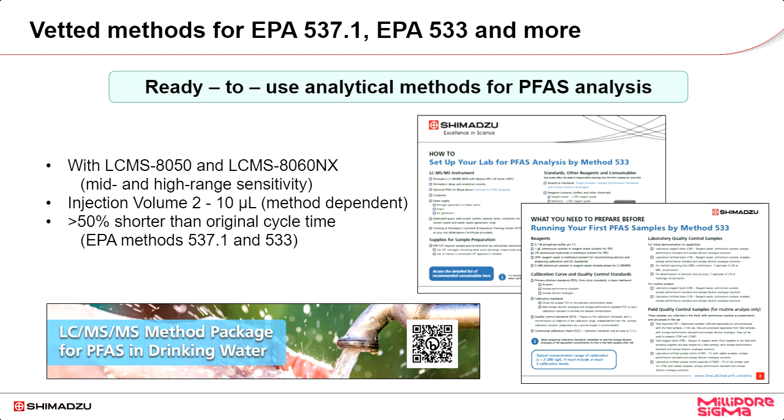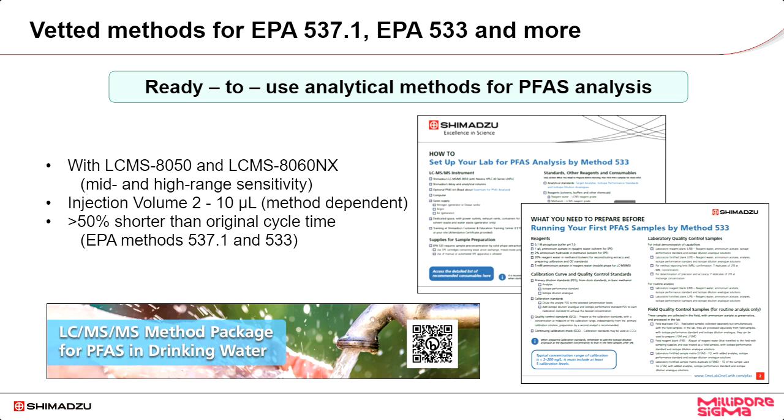In the next slide, I'm going to share the work that Shimadzu has been doing on PFAS testing for decades in collaboration with customers and other partners like Millipore Sigma. The outcome of this work are optimized methods. Today, I'll be talking about EPA 537.1 and 533, but we are going to be talking about other methods in upcoming webinars.